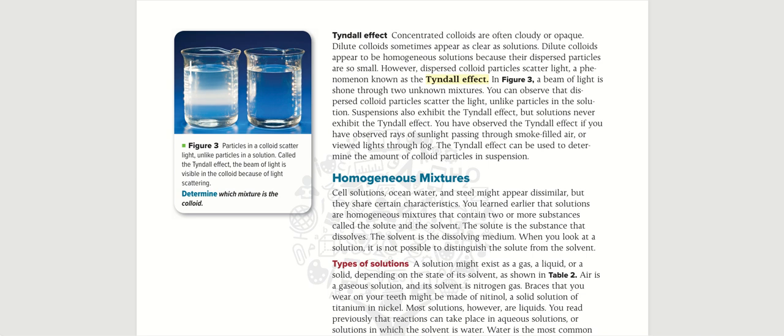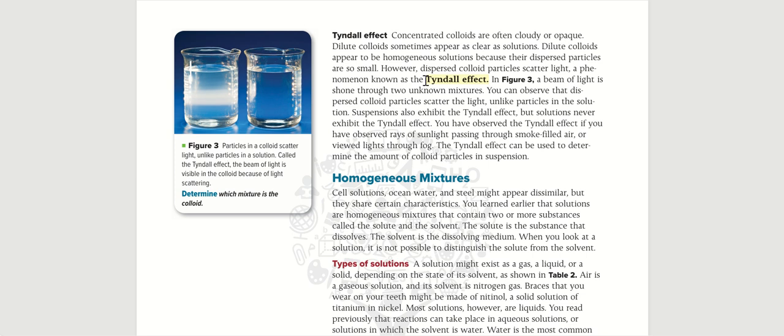But if this water contains milk, meaning it made a colloid, the light will scatter. You can see it is not passing straight, it is scattering. This is called Tyndall effect.